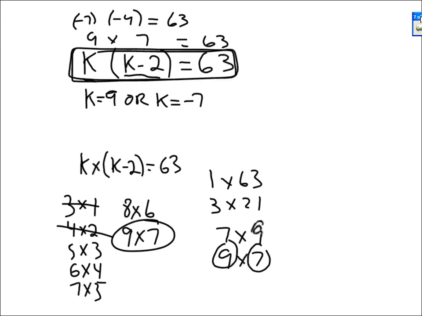This is 3, 8, 15, 24, 35, 48, 63. One answer is k can be 9. You think about the other answer, you get negative 7. You don't have to FOIL out and then use some formula, whether it be factoring or the quadratic formula.